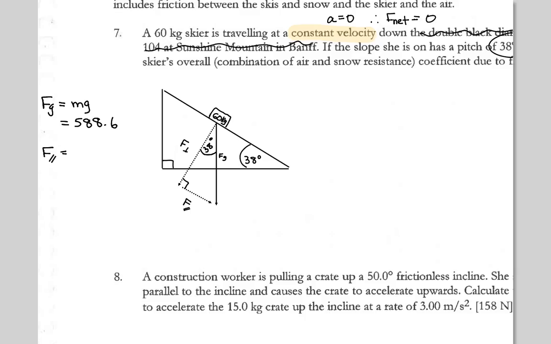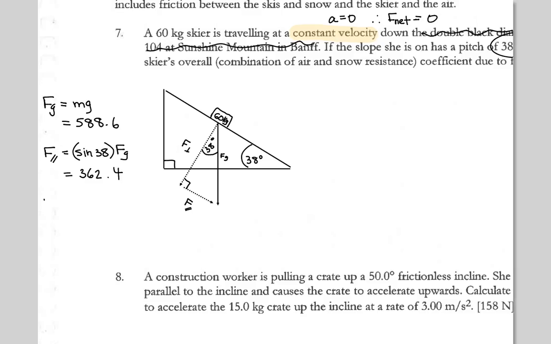So to get F parallel, which is the opposite side, you're going to use sine 38 times FG. So I'll take that 588.6 and times it by sine 38. I got 362.4, and of course these are newtons.